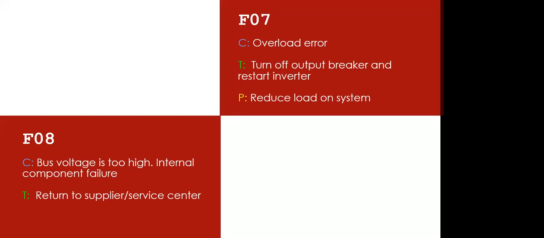The internal component that is damaged is the U16, a component like a microchip. That is what senses the high voltage. So if this happens, there is nothing we can do other than restart the inverter.